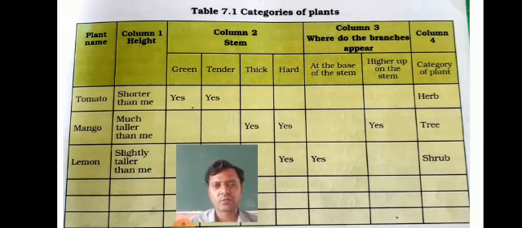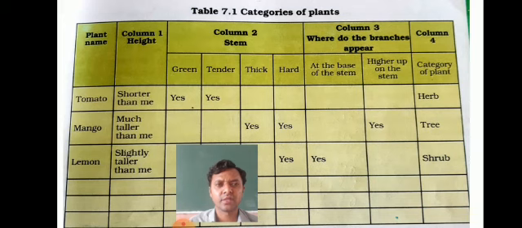As per height also we can identify whether the plant is a shrub, herb or tree. Then in column 2, the type of stem is given, whether green, tender, thick or hard. As per that also we can easily identify the type of the plant.